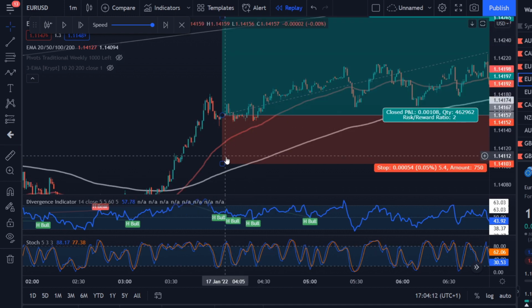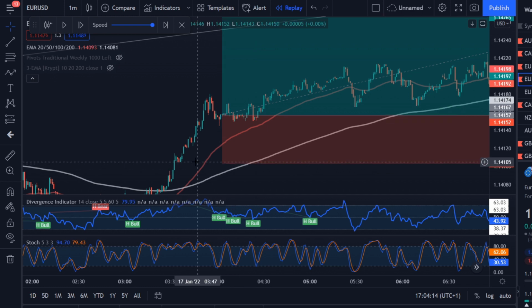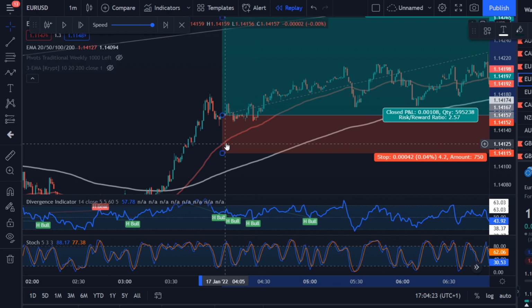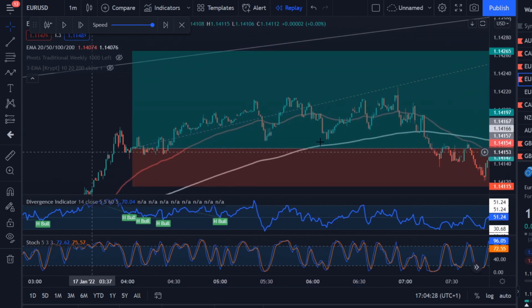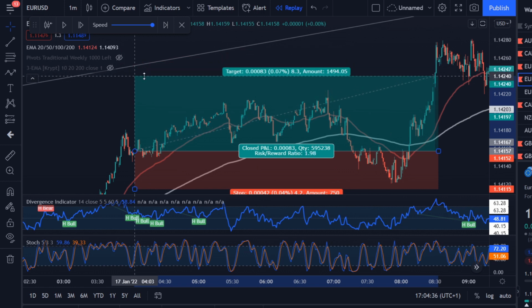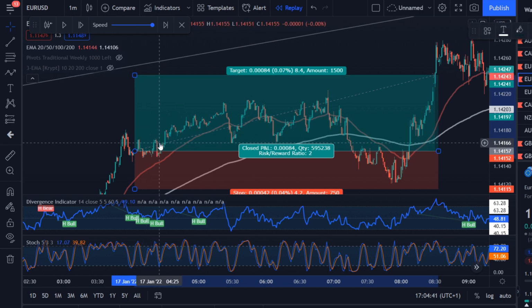We place our stop loss right below this low over here, and you can also choose to place the stop loss below the 50 exponential moving average. We use a 2-to-1 risk reward ratio, which is about here, and this turned out to be a winner.